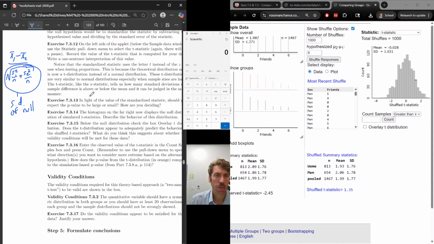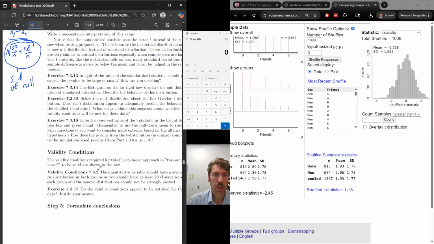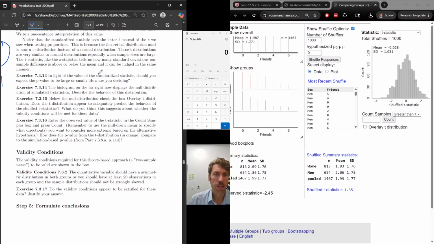Okay, now for 13, in light of the value of the standardized statistic, should you expect the p-value to be large or small? How are you deciding? Okay, go back to that table from a while back of standardized statistics being between like -1.5 and 1.5 and -2 and 2 and -3 and 3, and use that to refer to that.